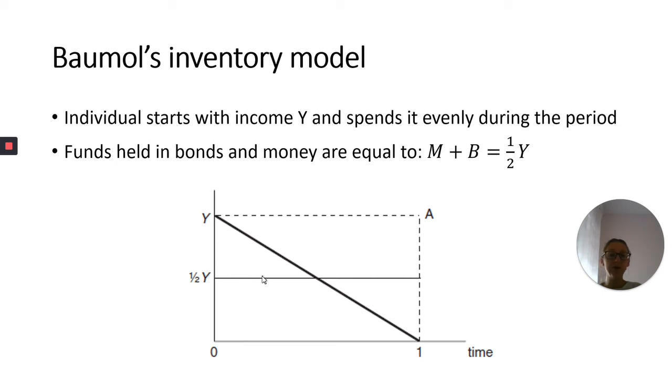Also, on average, each day we have half of Y. All that is divided into two parts: whether we have it in cash, or money, and whether we have it in bonds. So we can say that the amount of money and the amount of bonds, their sum should be equal to half of the total income.